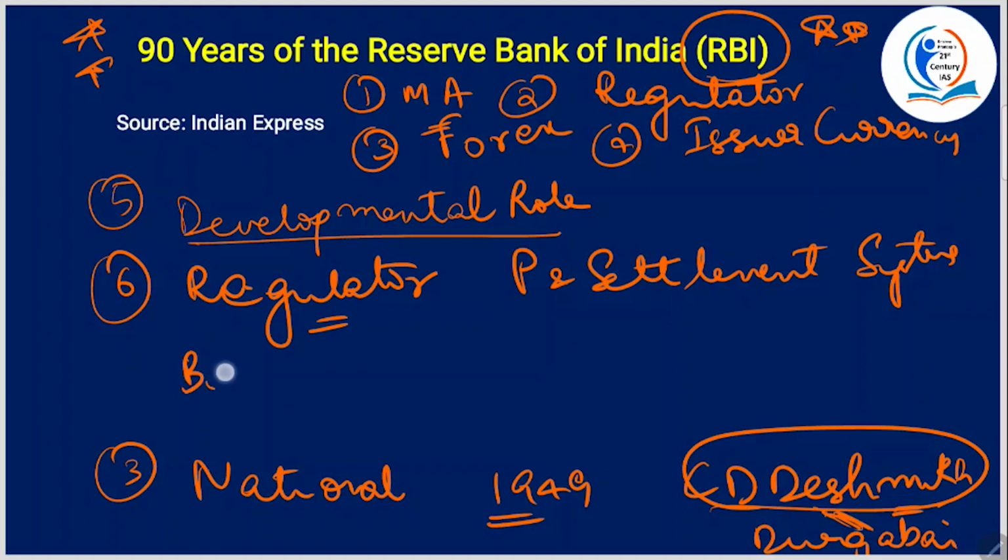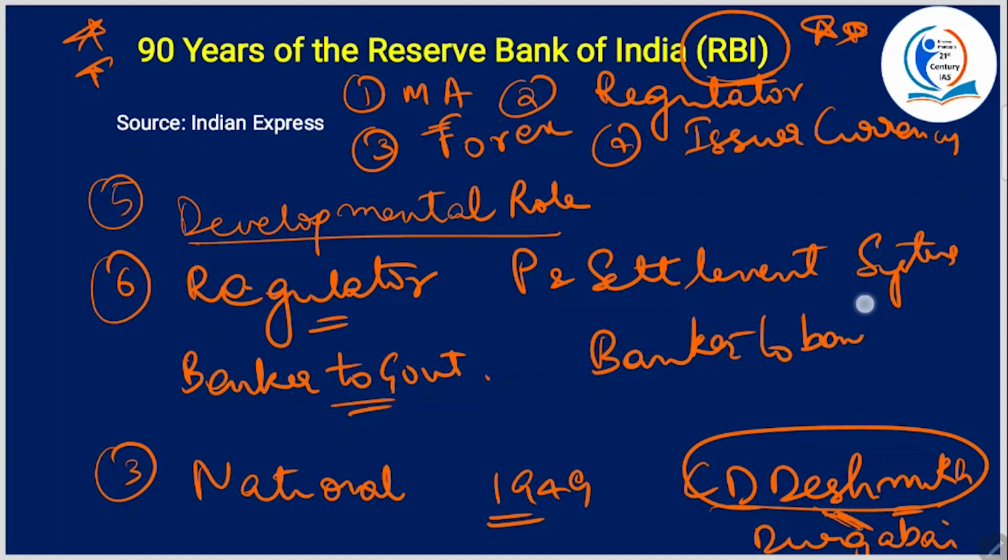It is a banker to the government. That is, it performs merchant banking function for the central and the state governments, and it also acts as their banker, and it is also a banker to the banks. Okay, because it maintains banking accounts of all the scheduled banks, right? So it is a banker to banks and it is also a banker to government. So these are some functions that you have to remember.